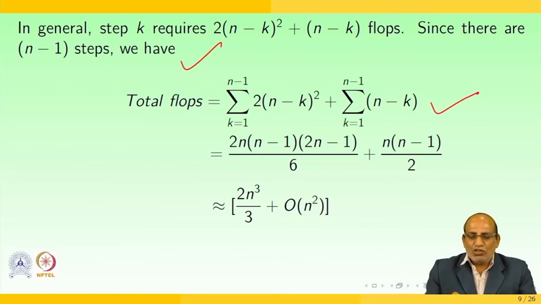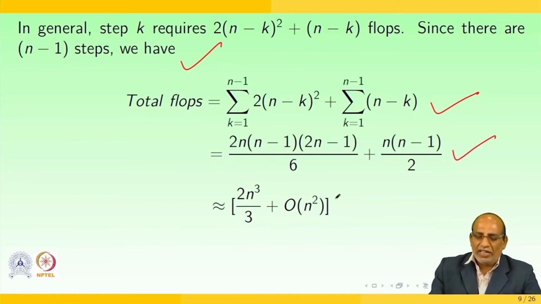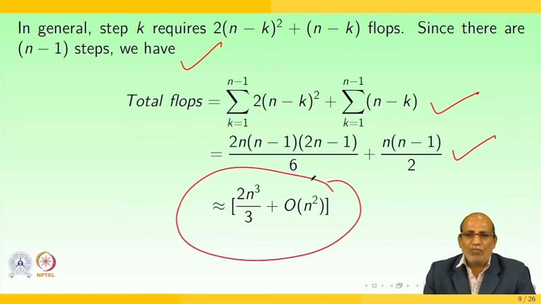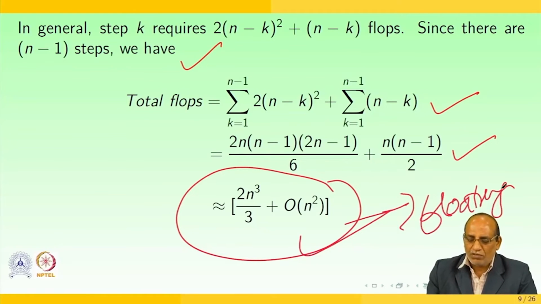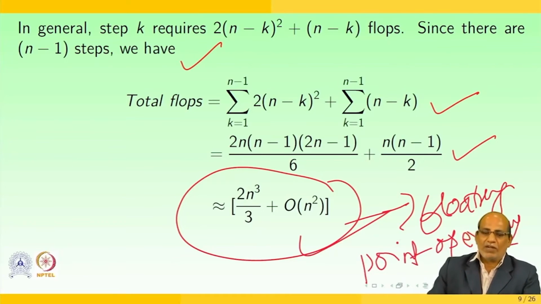So this turns out to be 2n times (n minus 1)(2n minus 1) upon 6 plus n into (n minus 1) by 2. When you do this, it turns out to be 2n cube by 3 plus big O of n square. So that means this many floating point operations you require.